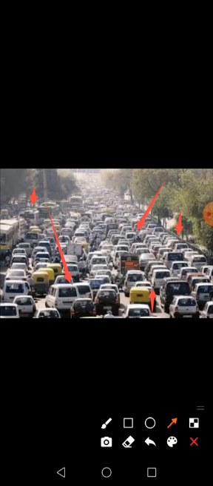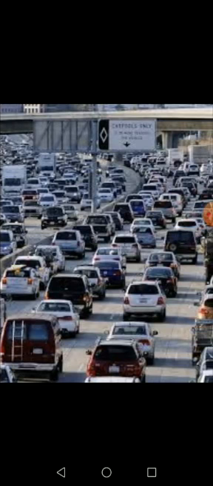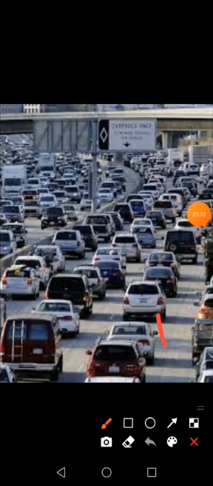Look, this is what? This is traffic. It is vehicles moving along the roads. This is traffic. Can you see?